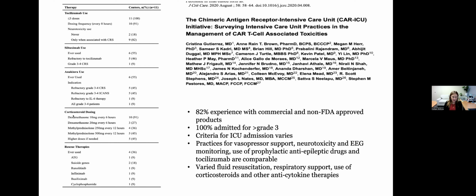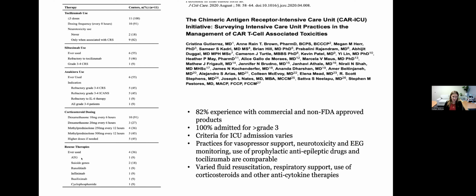So if we look at this, the dose of corticosteroid varied amongst the institutions, which is why I did not post our algorithm, because everyone's algorithm is slightly different. Typically, we reserve really high doses like prednisolone of 500 milligrams Q12 for grade 4. Other centers did use it at earlier grades, but we tend to use it at grade 4.